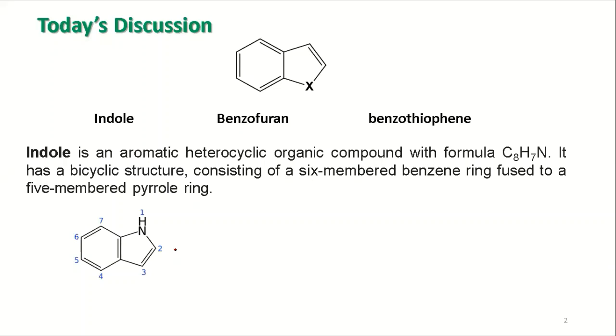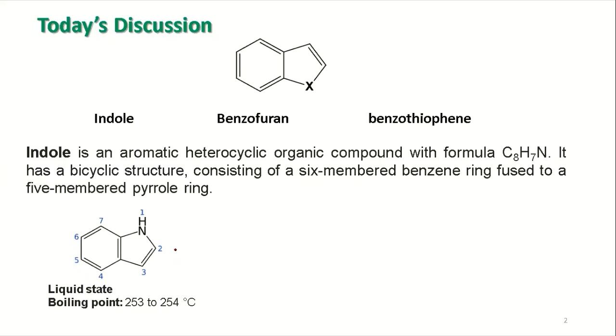This compound we get as a liquid at room temperature. You have a boiling point of around 253 to 254 degrees centigrade. What is important is that we find this compound in many naturally occurring products as the base heterocycle, and many drugs have been developed based on that.